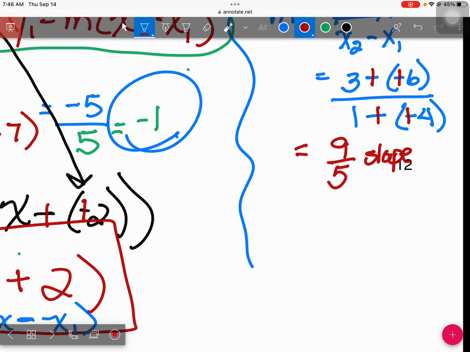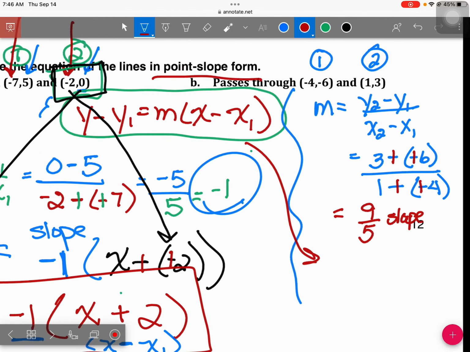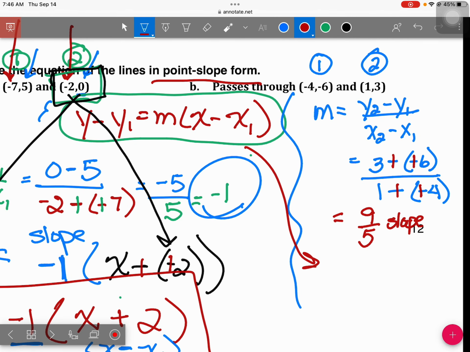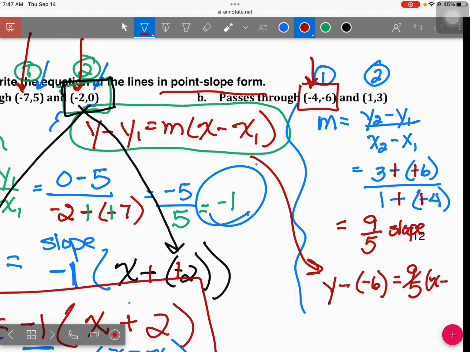Last thing I need to do is just substitute that in for this equation. And since I already called this my 1 point, I'm going to use these coordinates. So I'm going to say y minus the y coordinate, which is negative 6, equals my slope, 9/5, times x minus my x sub 1, which is right here, negative 4.